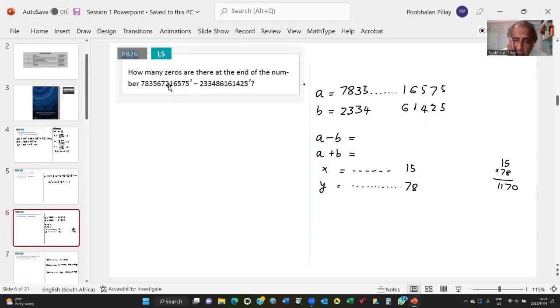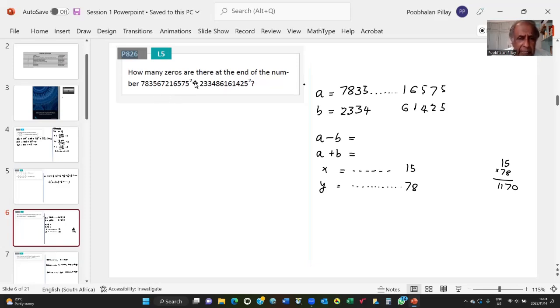You got a square of a terribly large number, and you got the square of another large number. And a calculator would not be able to write this down because there are too many figures in this. It'll only approximate. So how do you know how many zeros there are at the end of this number? When you calculate the square and subtract from the square of this, how do you know the number of zeros?